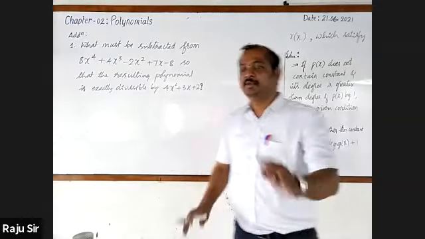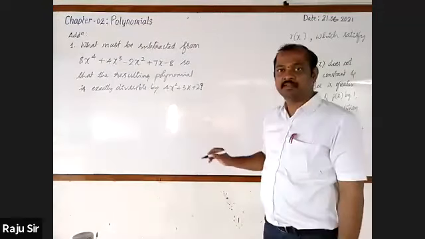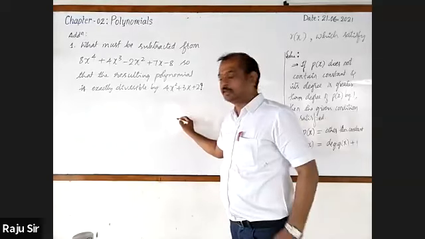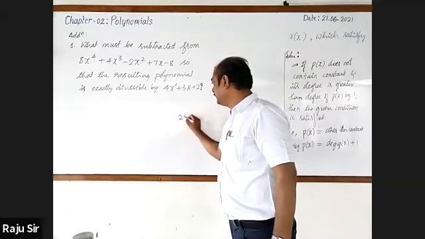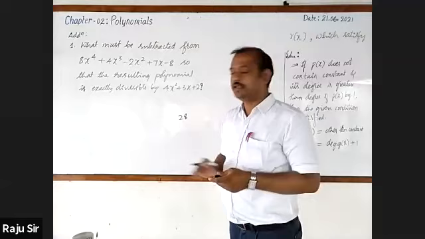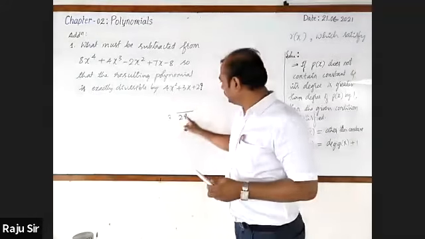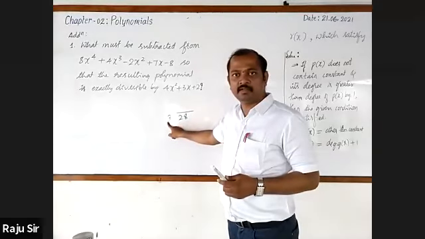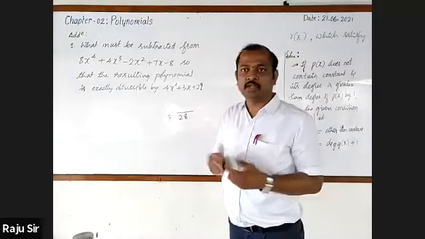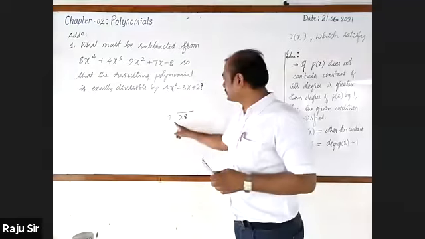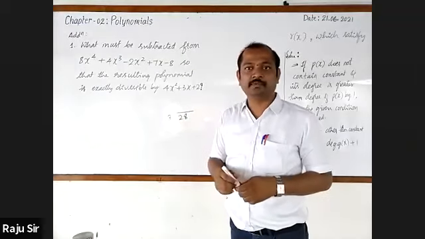Listen to me. Now, simple example for you. Look here. Here I take 28. Let us divide this by 3. Whether 28 is exactly divisible by 3? No, sir. Because 28 is not the multiple of 3.